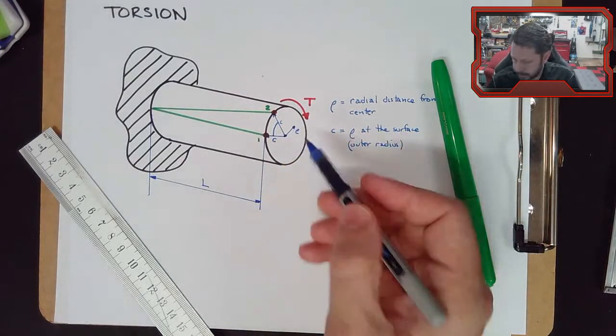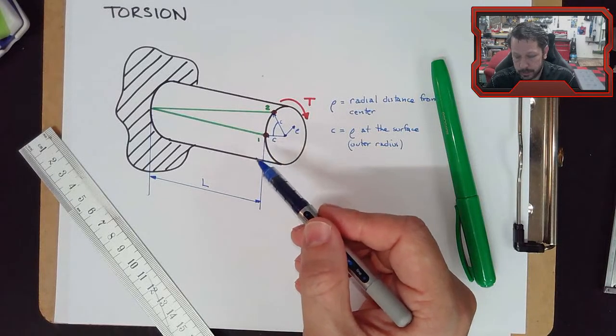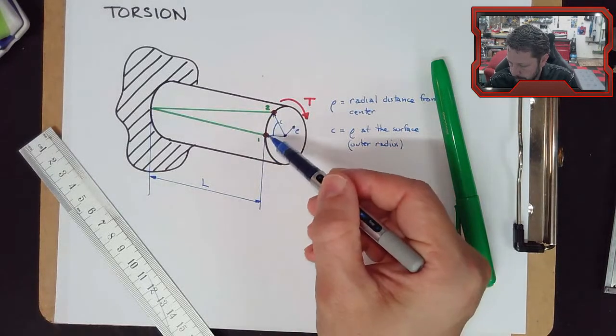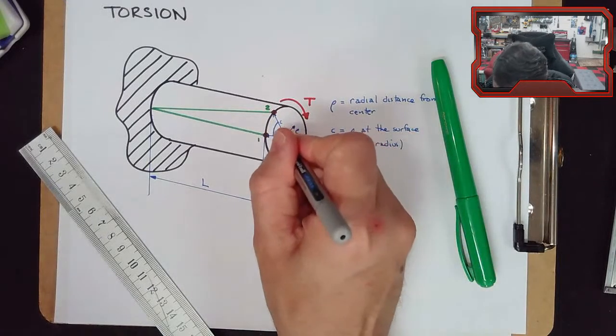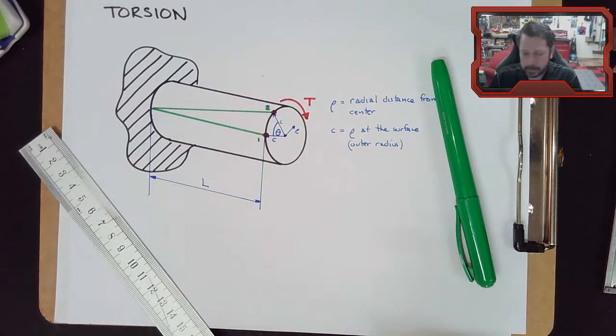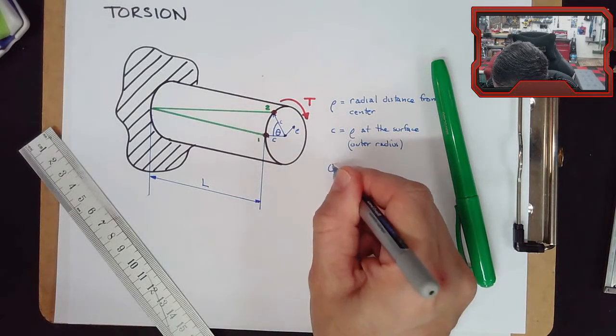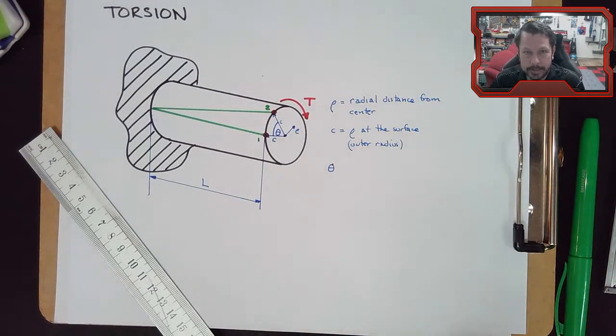So this radial line, we're not spinning the shaft, we're just twisting it. And we twisted it to where this point moved from here up to here, and we twisted it through, and this is going to be small, but theta. So theta is called the angle of twist. How many degrees, now it's radians, how many radians did you twist this shaft?